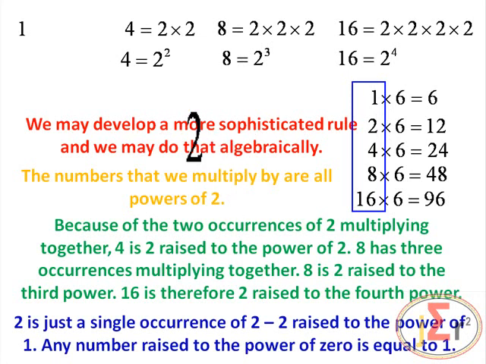And the power of 2 that gives 1 is 2 to the power of 0. As a matter of fact, any number we raise to the power of 0, the result is 1. So 2 to the power of 0 is 1, and that is what this 1 represents. The 2 is 2 to the power of 1, 4 is 2 to the power of 2, and so on.